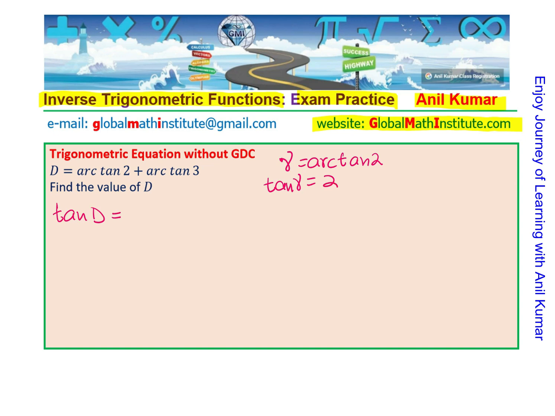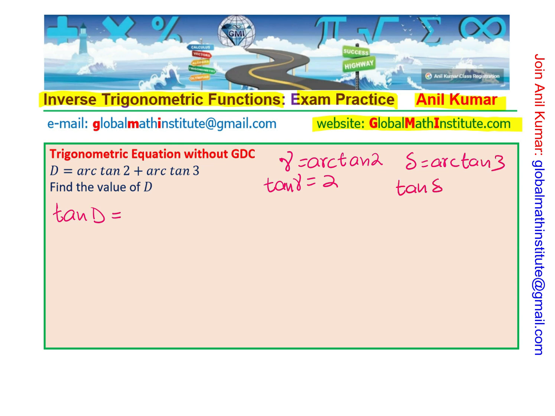And let's say the angle delta for arctan 3, so tan delta equals 3. So we can write this as the sum of gamma and delta.